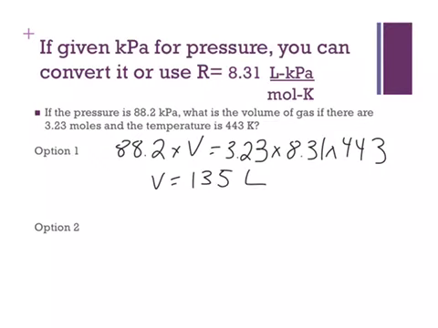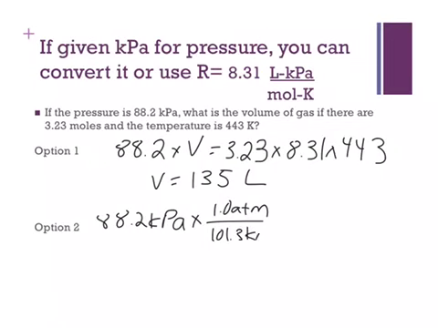Let's say I didn't know that value for R, I didn't have it handy. I could go ahead and use my pressure standards here. So I know that 88.2 kPa, if I converted that to atmospheres, I'd use their standards. So I can take 88.2 times 1, don't really have to put that in your calculator, divided by 101.3. And I'm going to get 0.871 ATM.